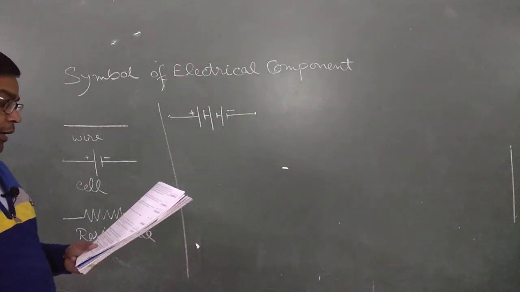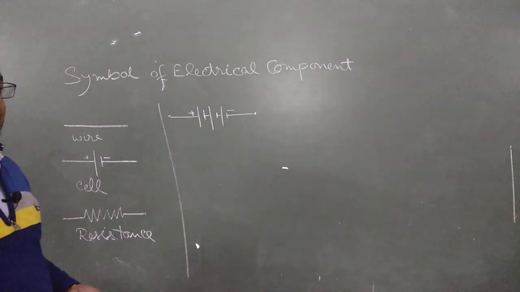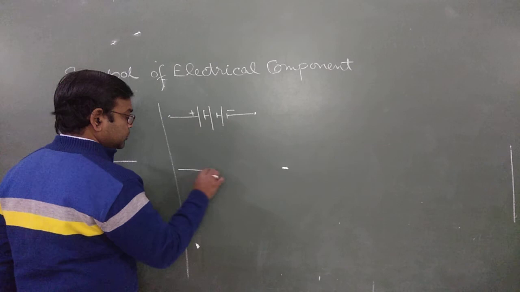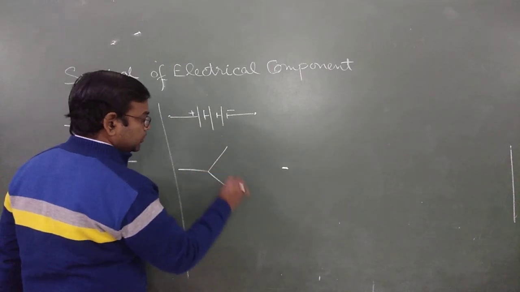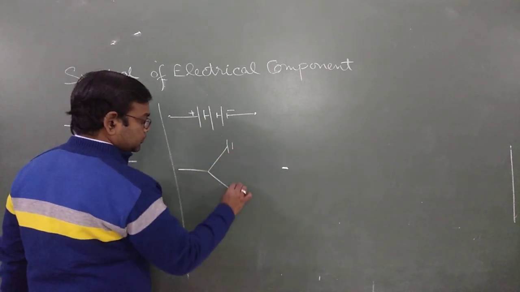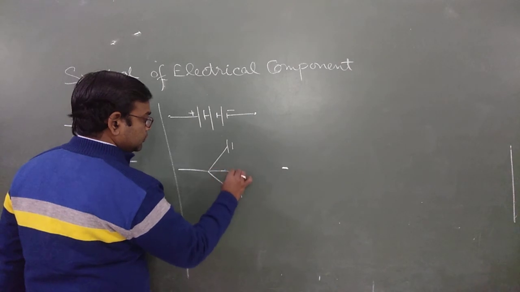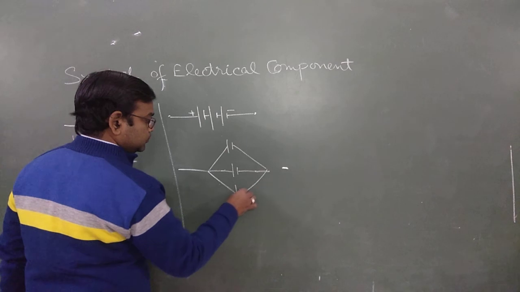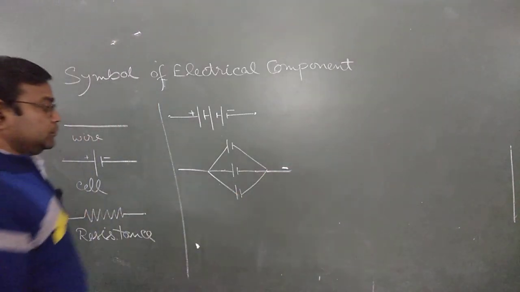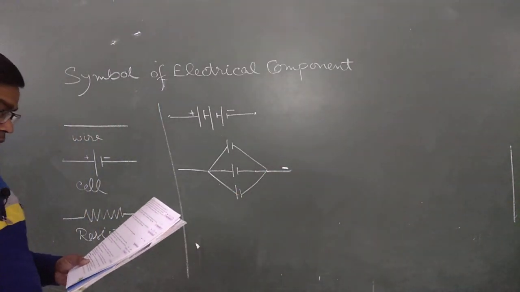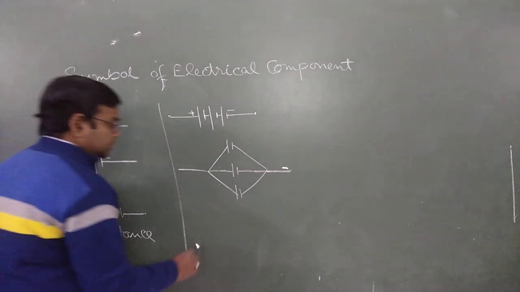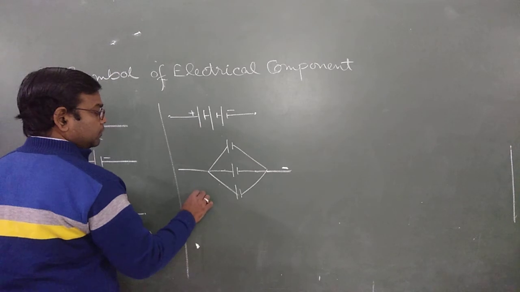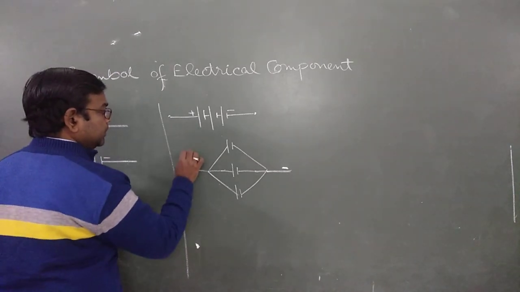Then if three or more cells are arranged in a parallel way, we use this type of structure. Likewise. These two are combinations of cells, of battery.